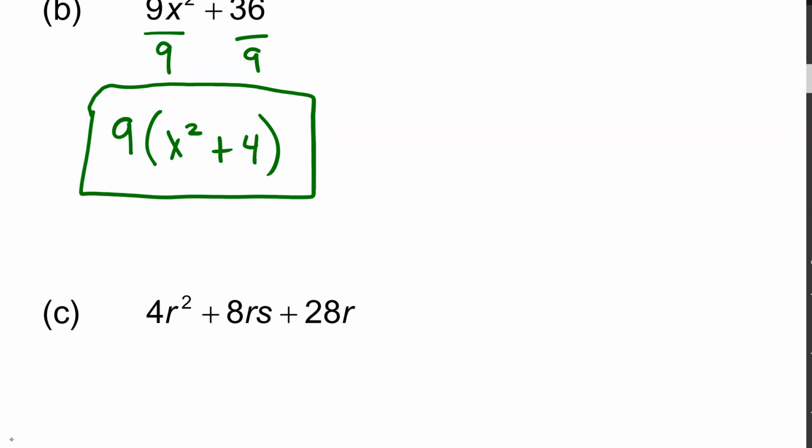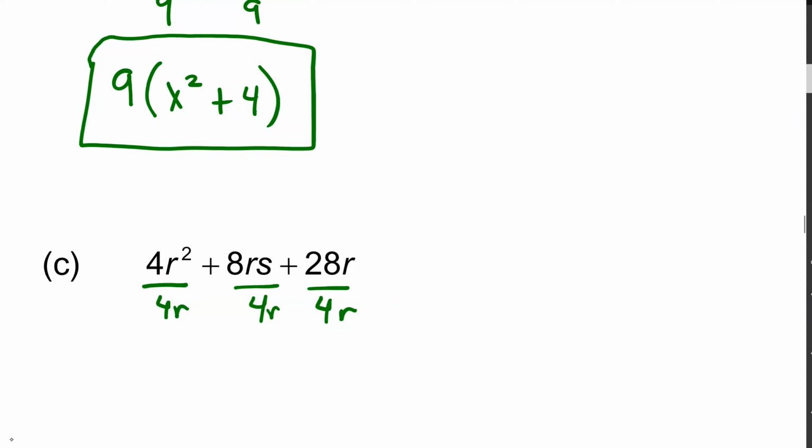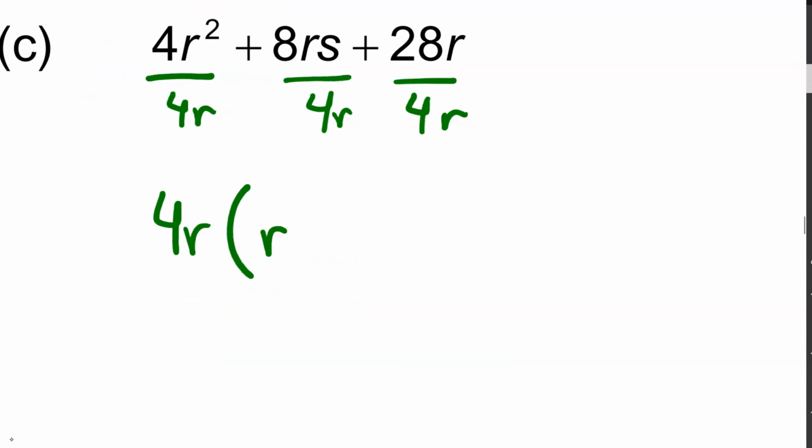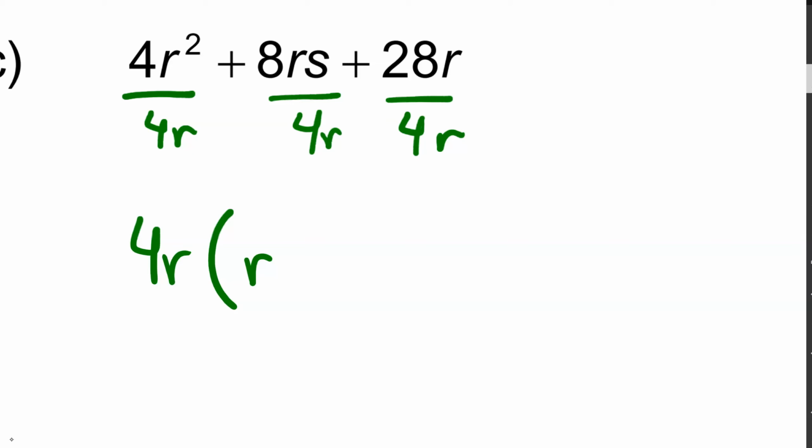I'm done factoring. Notice that x squared and 4 have nothing else in common. So all of these are divisible by 4. What else do they have in common? R. They all have 4r in common. So I'm looking for what times 4r is 4r squared.